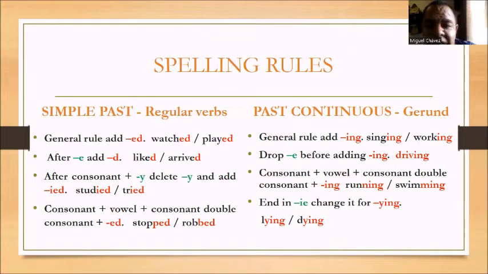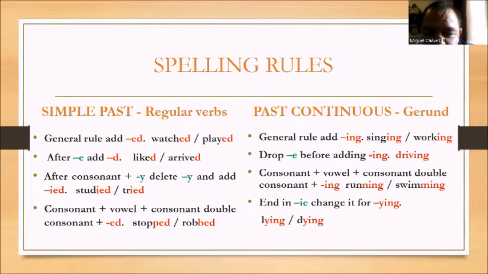If the verb finishes in e, drop it before adding ing. Drive, driving, love, loving. If we have a consonant, vowel, consonant in a short verb, we are going to double the last consonant before adding ing. Run, running, swim, swimming.